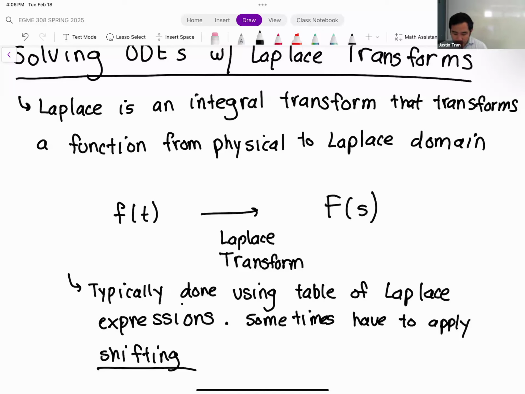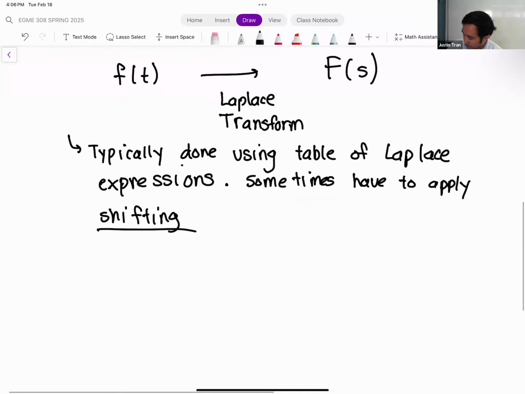The same can be said about inverses: when taking inverse Laplace transforms, we typically use the table along with the shifting rules. There should never be a point in this class where you have to plug your function into that integral expression. You should be able to use the table for everything. Good.